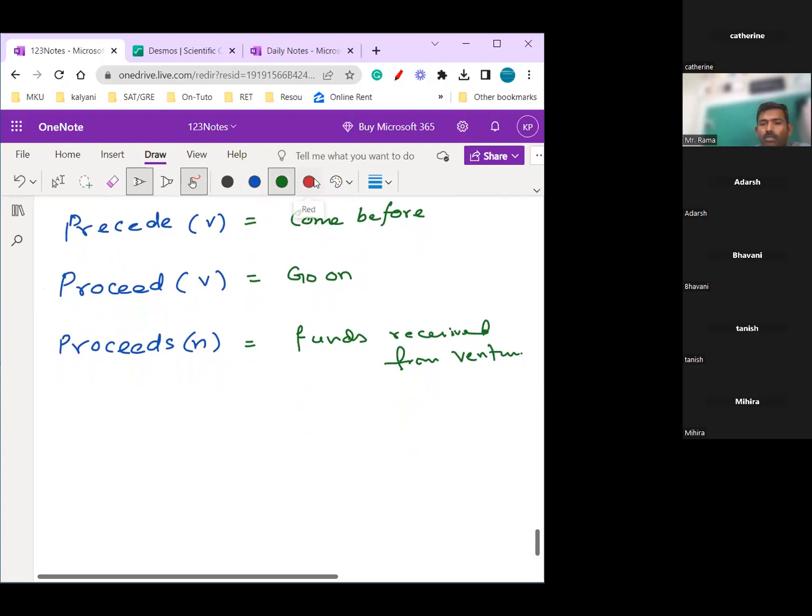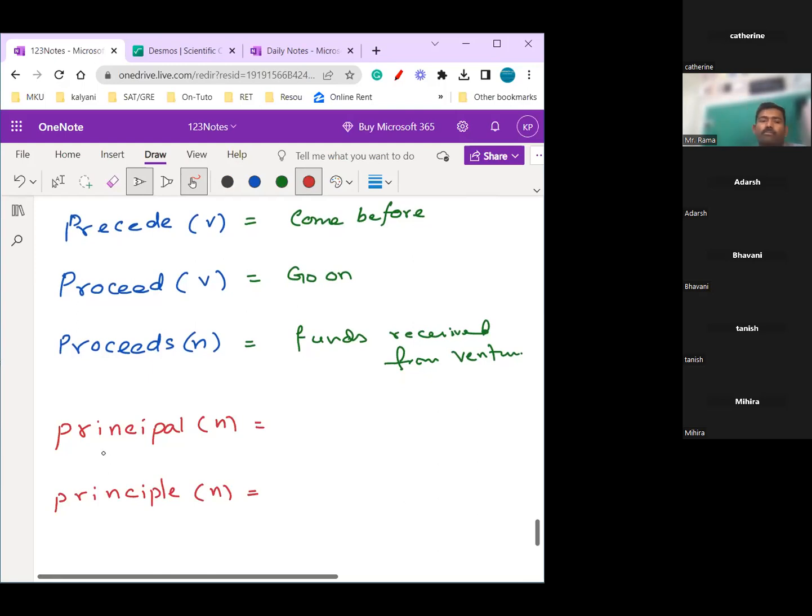And the other confusing one, which you always worry about, is PRINCIPAL. This is a noun, and the other one is PRINCIPLE. This is also a noun. Now let's look into these two and see what you guys think.